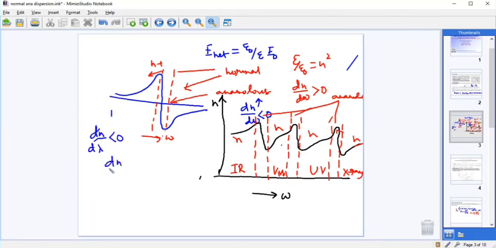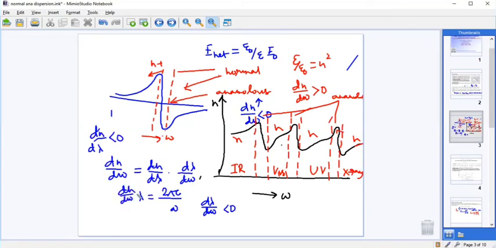But again, dn d omega equals dn d lambda times d lambda d omega, right? And lambda equals 2 pi c by omega, which implies that d lambda d omega is less than 0. Therefore, finally, my dn d omega is greater than 0, right? So this is the normal dispersion.